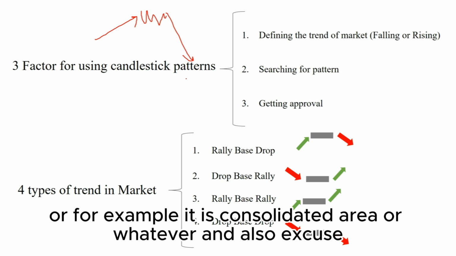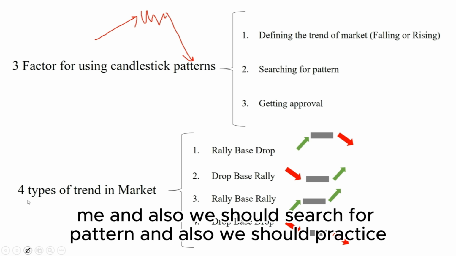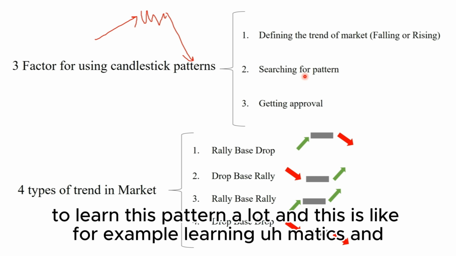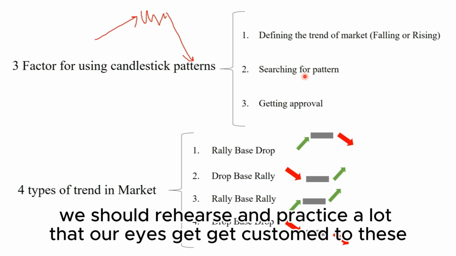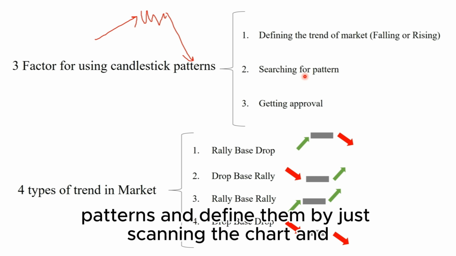And also, we should search for patterns, and we should practice a lot to learn these patterns. This is like learning mathematics: we should rehearse and practice a lot, so that our eyes get accustomed to these patterns and define them by just scanning the chart.